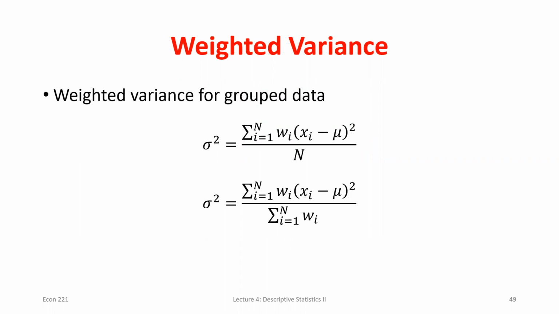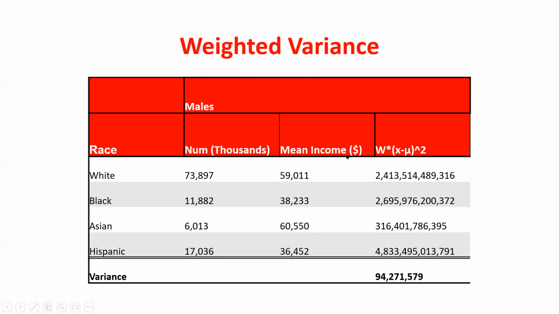Okay. So how would I find this weighted variance? I went back to that income data that was broken down by race, and I just pulled out the male data so we didn't have as much going on the screen. What I would do is go through each group, take their value for X, so 59,000, subtract the mean.